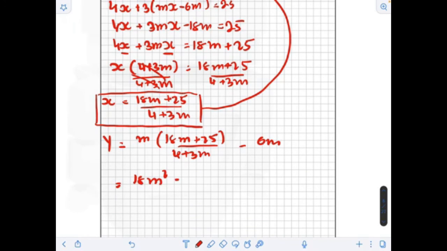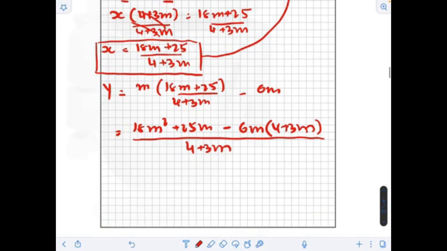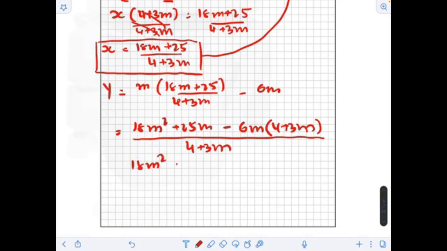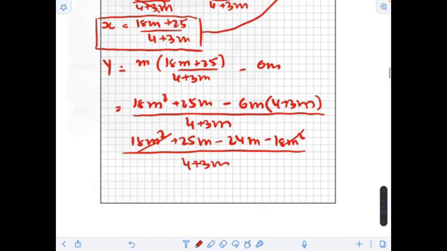Multiply out the brackets, common denominator, now we have to multiply out and tidy. 6 times 4 is 24m, and 18m squared. 25 take 24 is 1, so it's just m over 4 plus 3m, and that's our y.